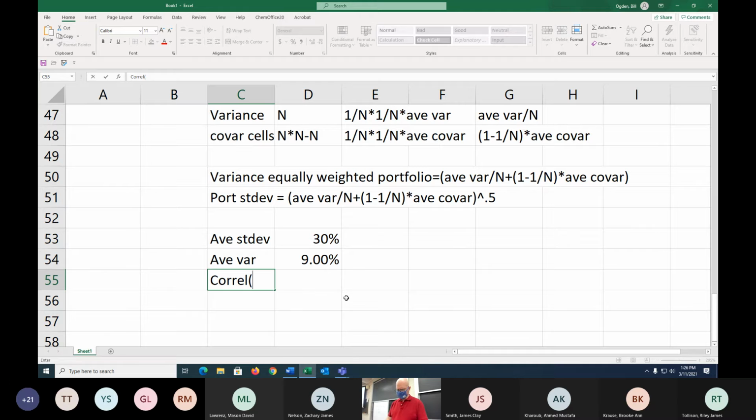So the correlation between stock X and stock Y is equal to the covariance of the pair divided by the product of the standard deviations.